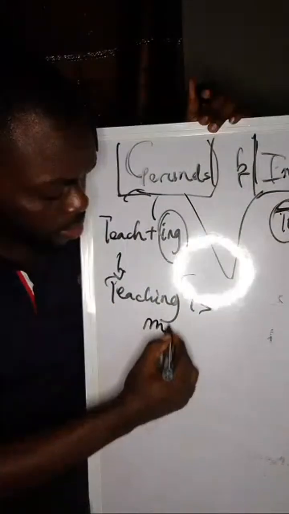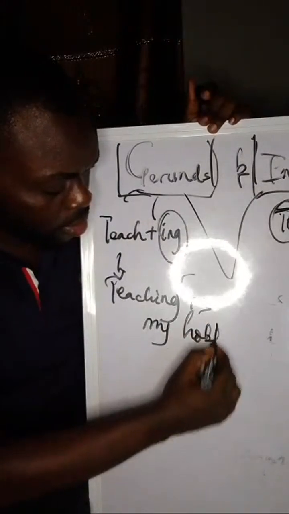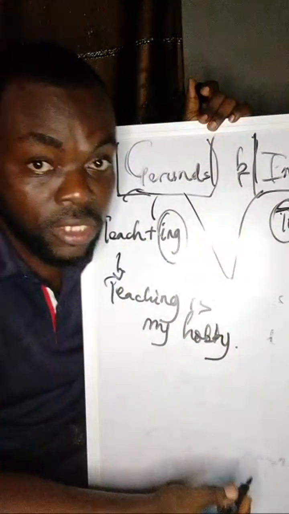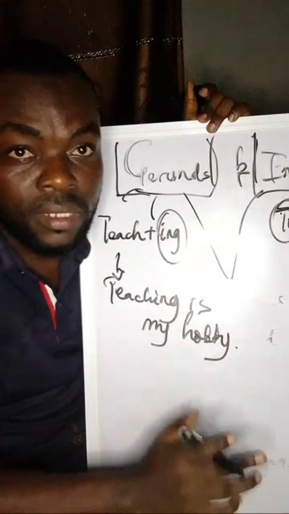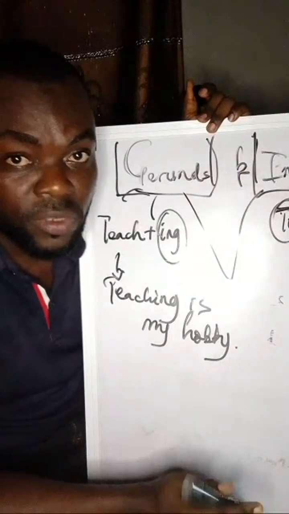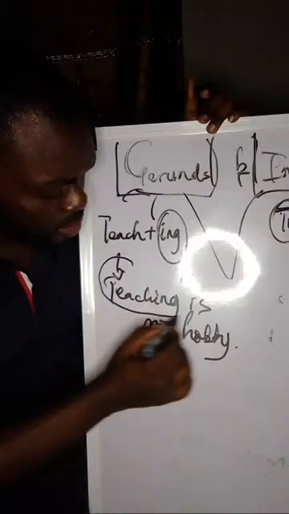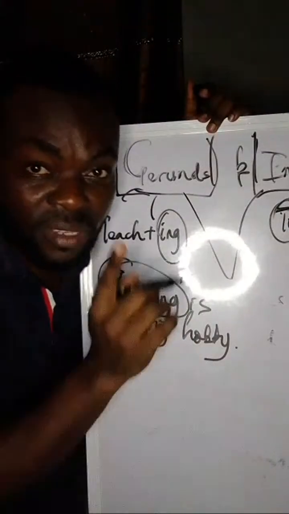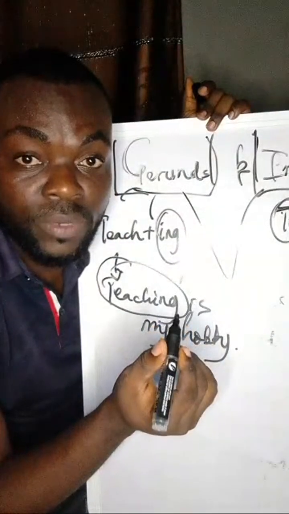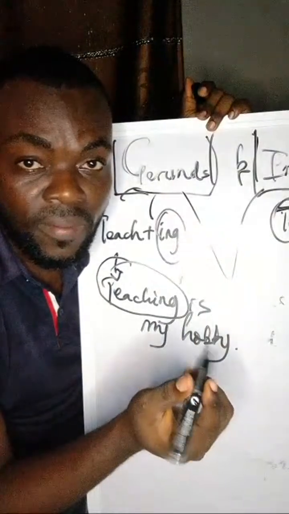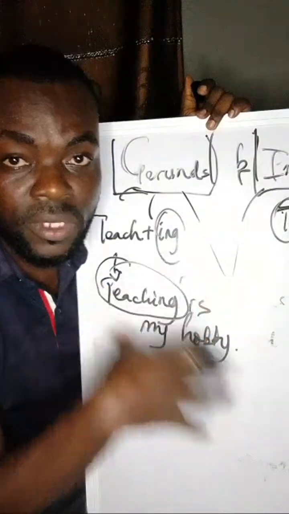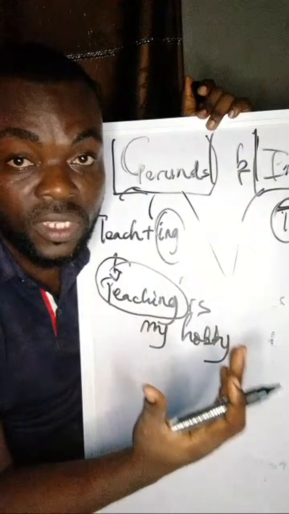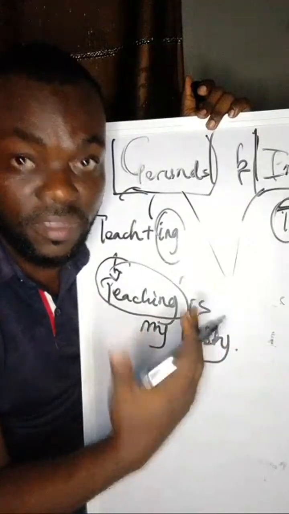In this sentence we have the verb expression teaching, occupying the initial position of the sentence. And when a gerund occupies the initial position of a sentence, it functions as the subject of a verb.